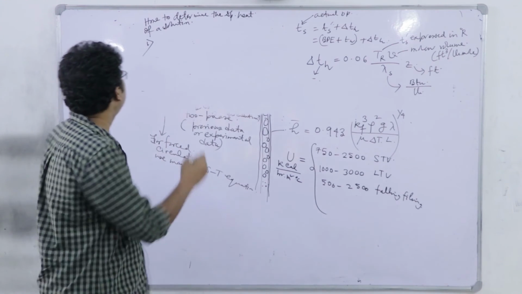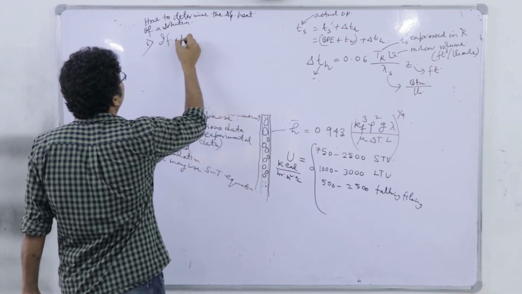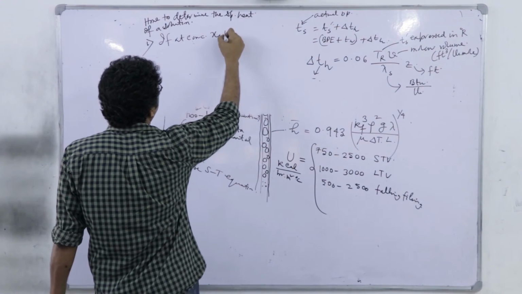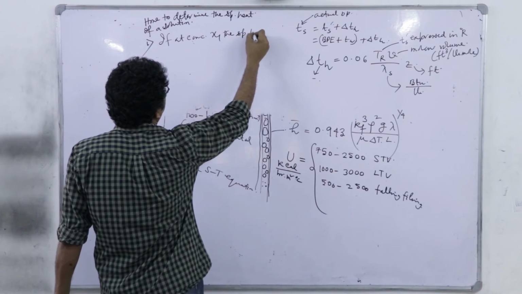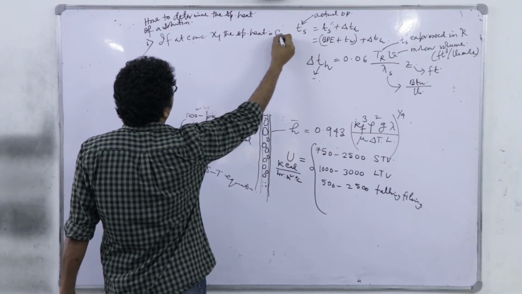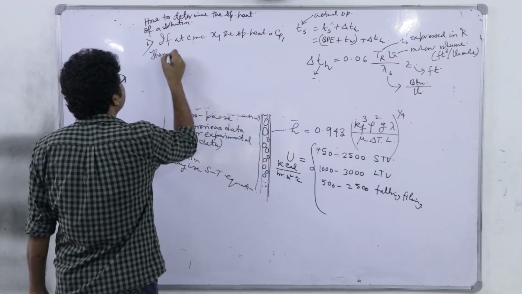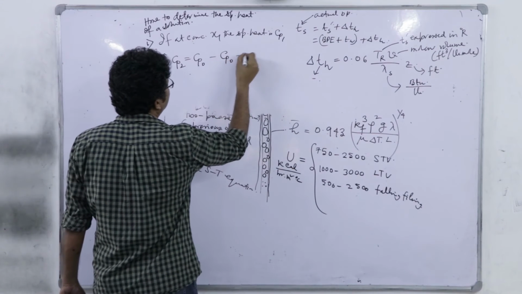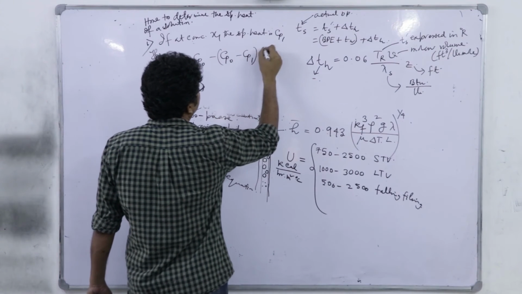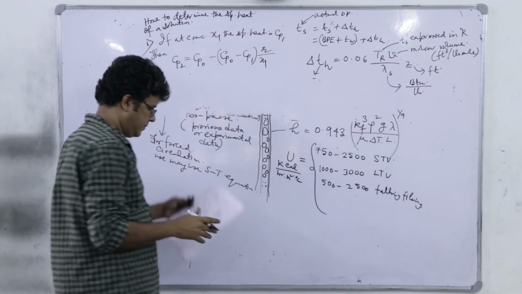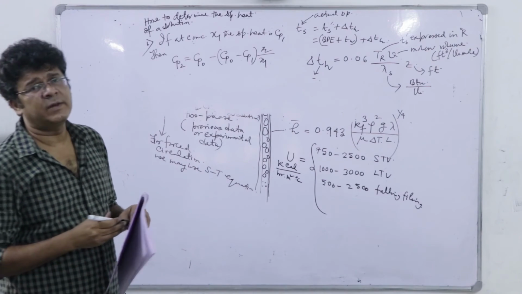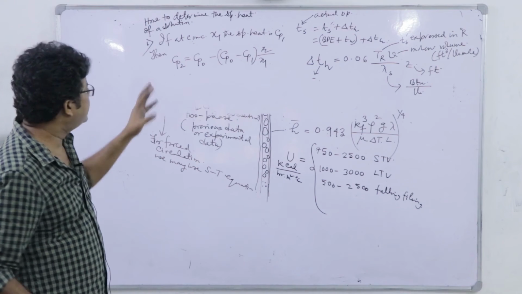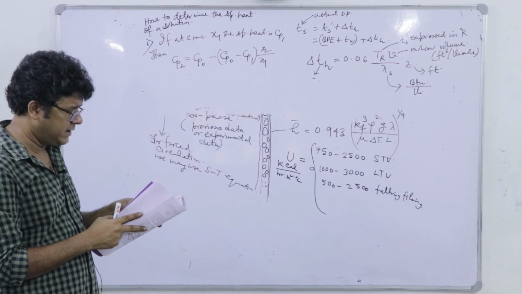So if at concentration x1, that is the mass fraction, the specific heat is Cp1, then Cp2 will be equal to Cp0 minus (Cp0 minus Cp1) times x2 by x1, right. This is simply a linear interpolating relation we are considering here. So that is one way of getting the specific heat.